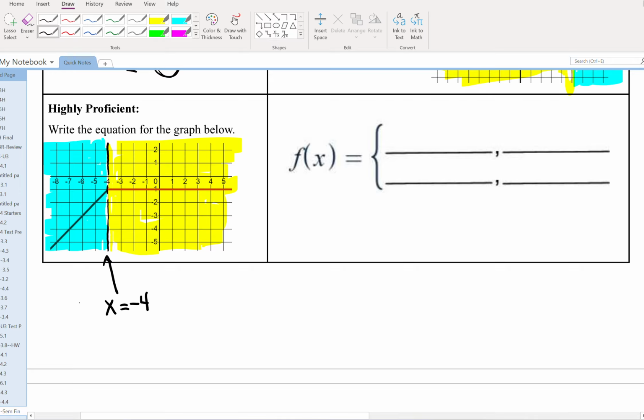And so these values to the left are the values where x is less than -4, and these values to the right are where x is greater than -4. You could put equal to here or here, but you wouldn't want to put it on both.